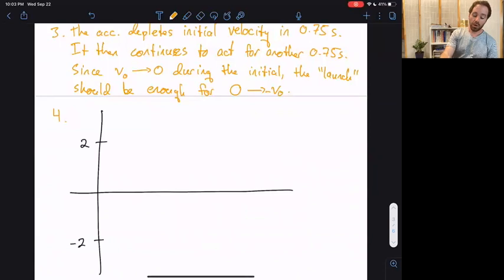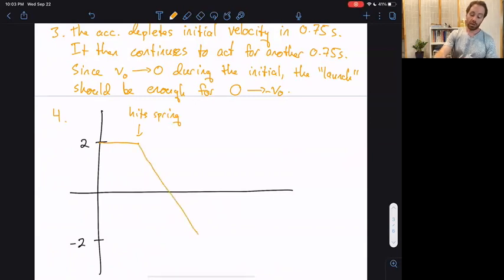I want to depict it going at a constant 2 initially, just so that it's not a downward slope the whole time, but then it hits the spring. And then it uniformly accelerates in the negative direction until it is released by the spring and continues with uniform velocity again in the westward direction.